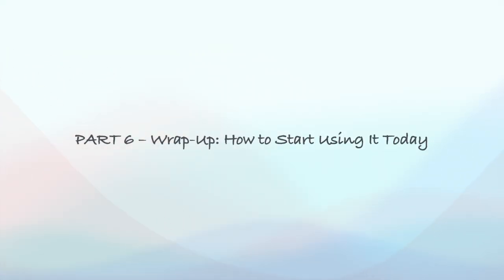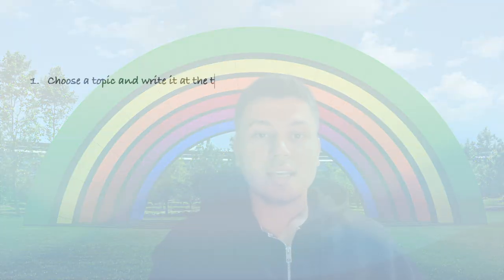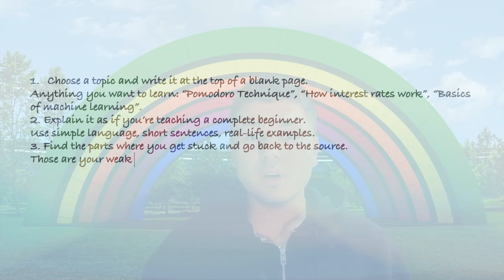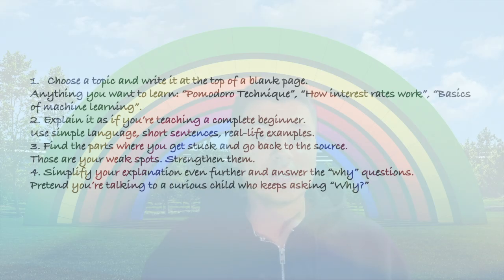Part 6, Wrap Up. How to start using it today. Let's quickly recap the 4 steps of the Feynman Technique. 1. Choose a topic and write it at the top of a blank page. Anything you want to learn: Pomodoro Technique, how interest rates work, basics of machine learning. 2. Explain it as if you are teaching a complete beginner.